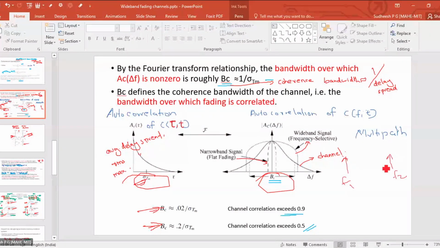There are two sets of parameters that we will use: coherence time, etc. We'll see in next class. So today we covered analysis of the multipath channel, and in next class we'll be covering analysis of the Doppler effect. Okay, that's it. Anything else?